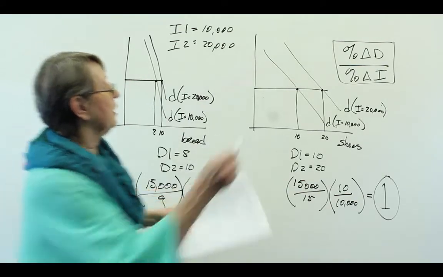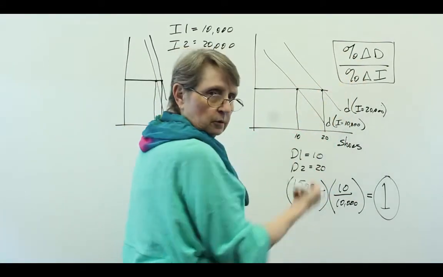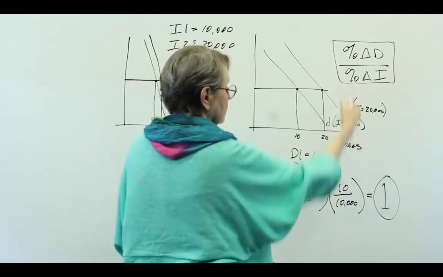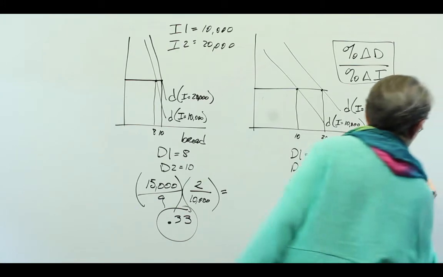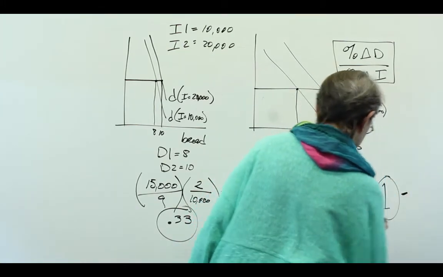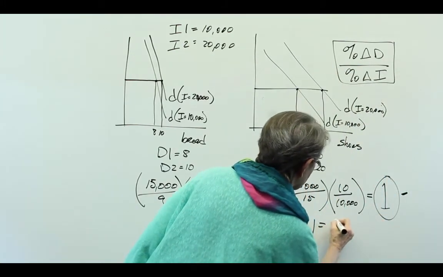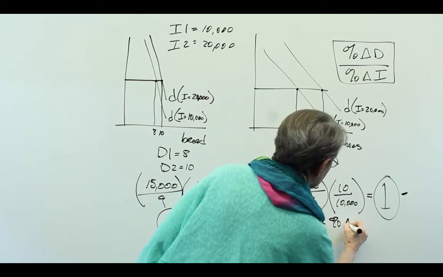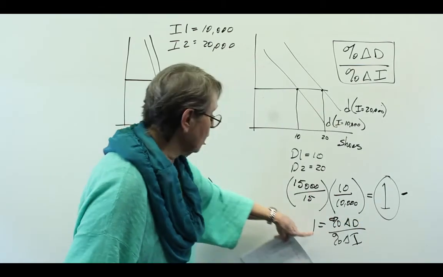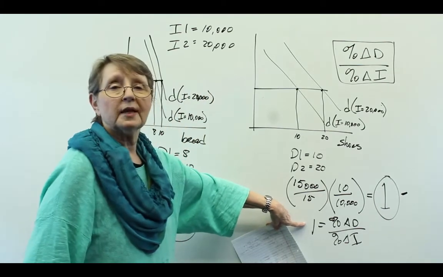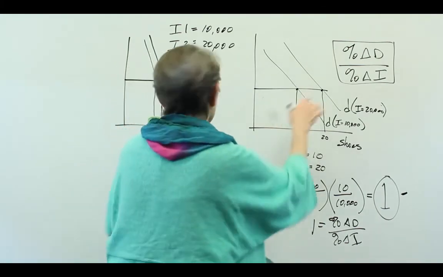How do we interpret that? Again, go back to this formula right here. 1 equals the percentage change in demand. A 1% increase in income will lead to a 1% change in demand.